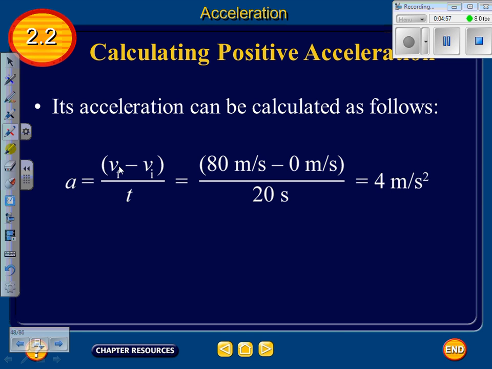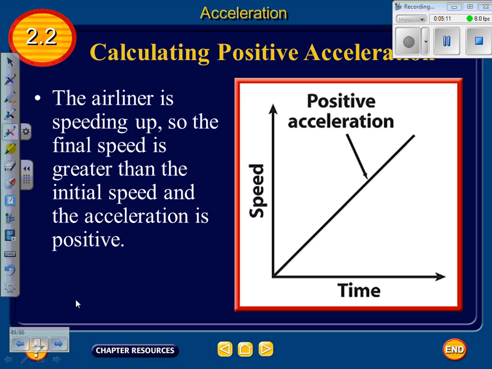The final velocity is 80 meters per second, minus the initial because it started at rest, divided by the time it took, 20 seconds. So acceleration then is 4 meters per second squared. The airliner is speeding up, so the final speed is greater than the initial speed and the acceleration is positive.